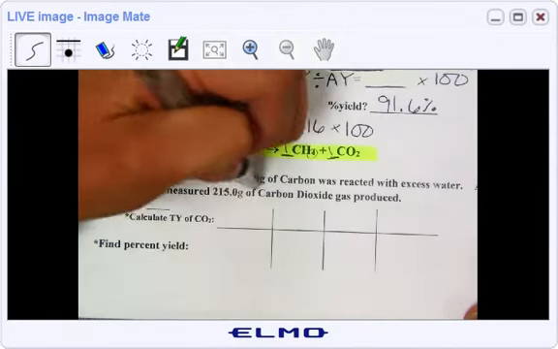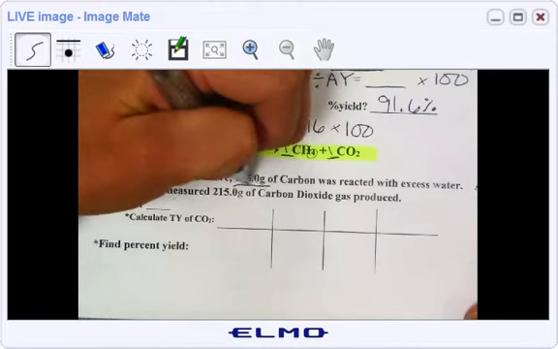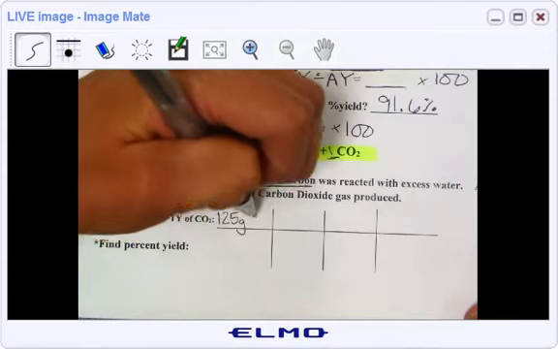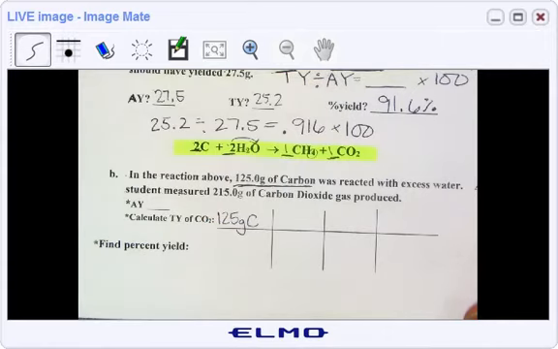You're going to start with 125 grams of carbon.